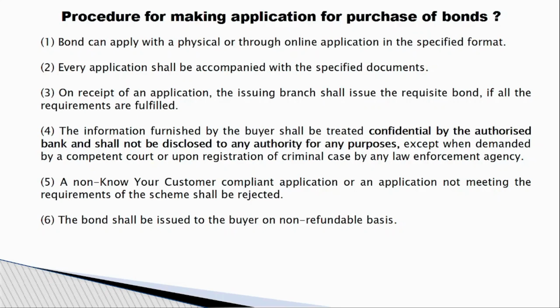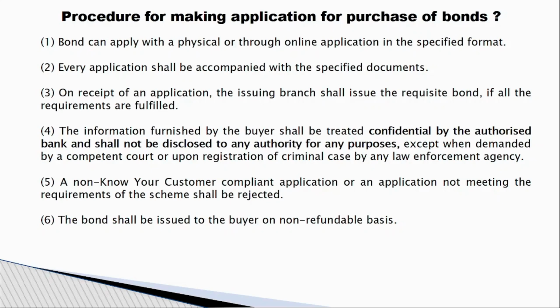Every application will be attached with specified documents, which we have already discussed. On receipt of the application at the issuing branch, the SBI designated branch will issue the bonds, and this information will be kept confidentially in the records. And yes, know your customer compliance is mandatory as per the rules.